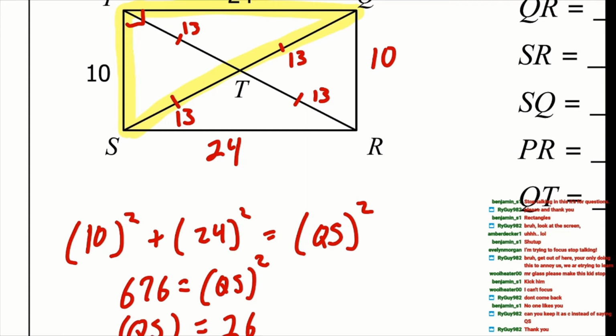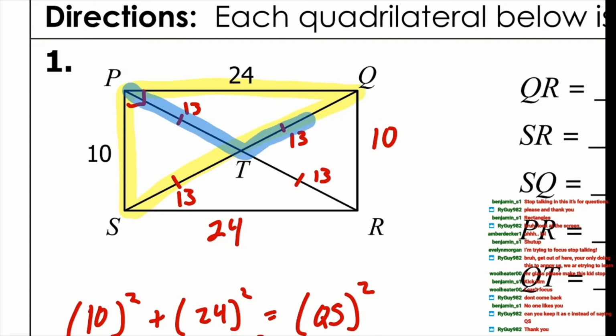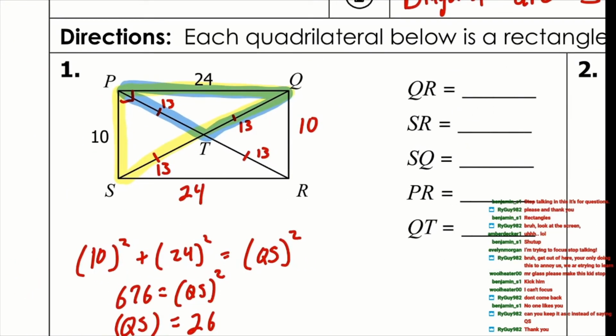And if you look a little bit further, at all the little triangles that make up this rectangle, these triangles right here that I just highlighted, since both sides are 13, that does make it an isosceles triangle, as well as the other two. There's a lot of symmetry involved with the rectangle. All right, and then we can just fill in our answers right over here like we usually do.